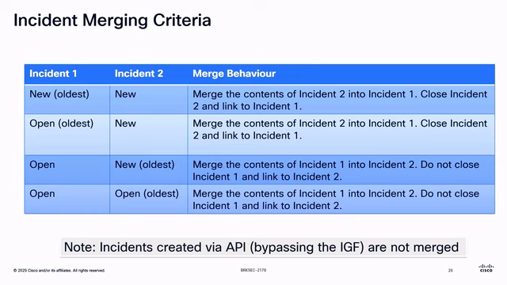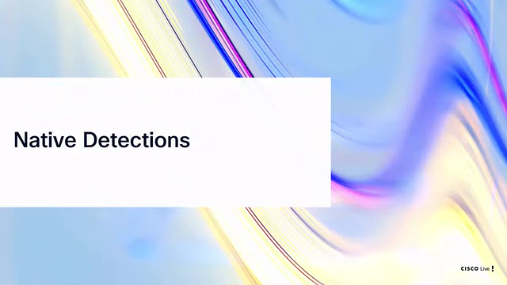We don't take an incident out of the UI that did not pass through the incident generation framework and correlate on it. Those are treated on their own as of now. We are looking at ways we might change that in the future. But as of right now, anything that's created directly via the API, or that did not come from the incident generation framework, does not get merged. Okay, so native detections.